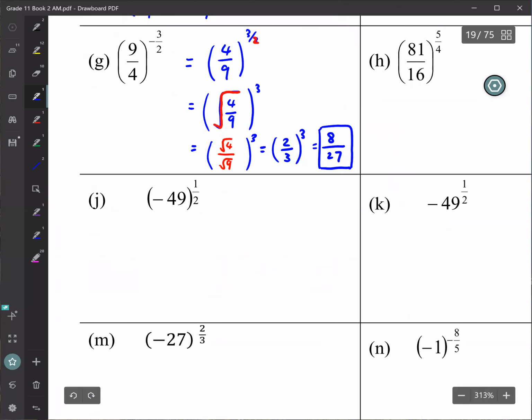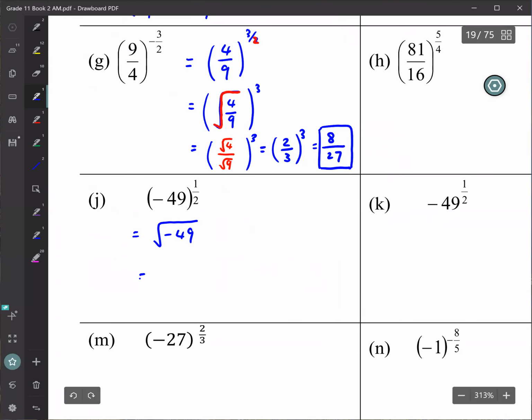Okay, question J. Eric, how do we do this one? You put negative 49 inside a square root, and it's impossible because you can't square root a negative number. Very good.